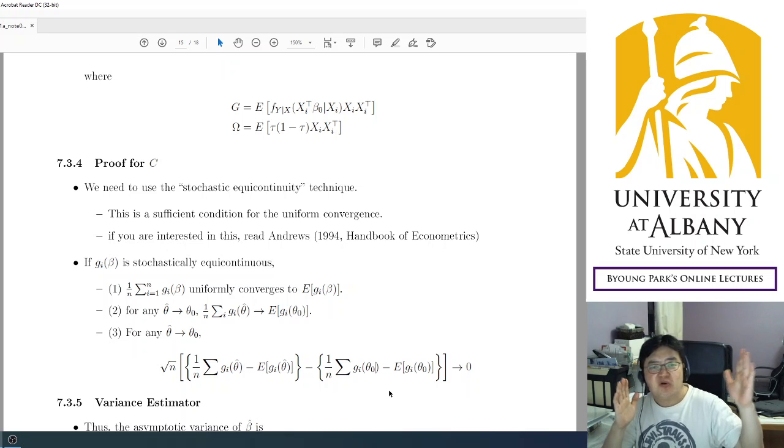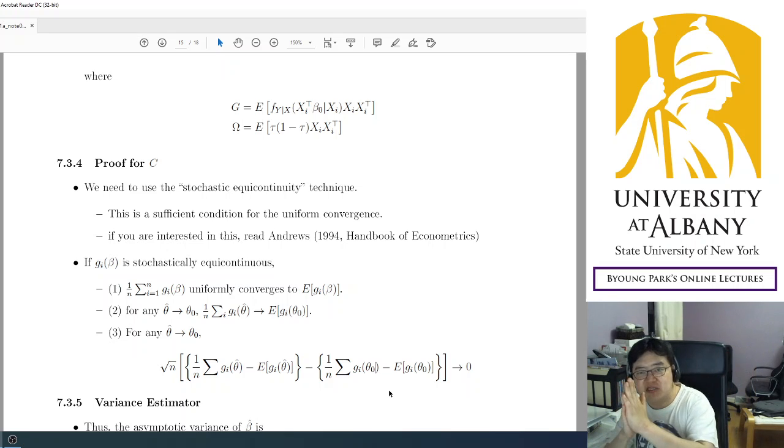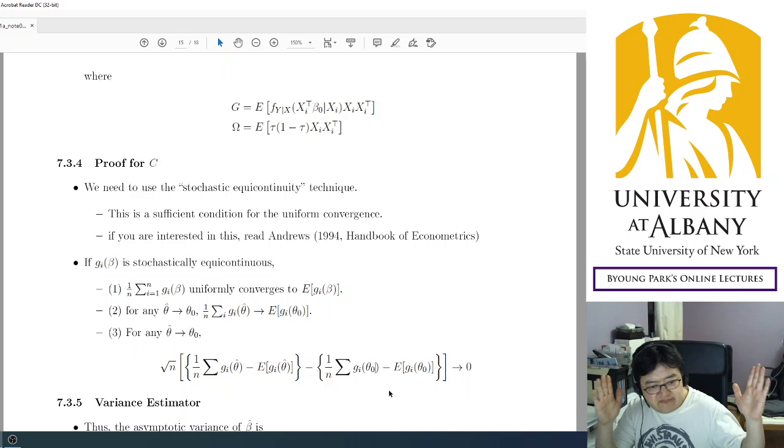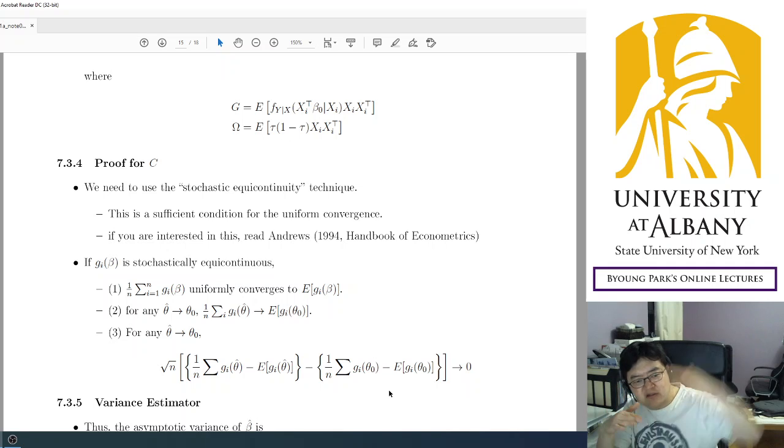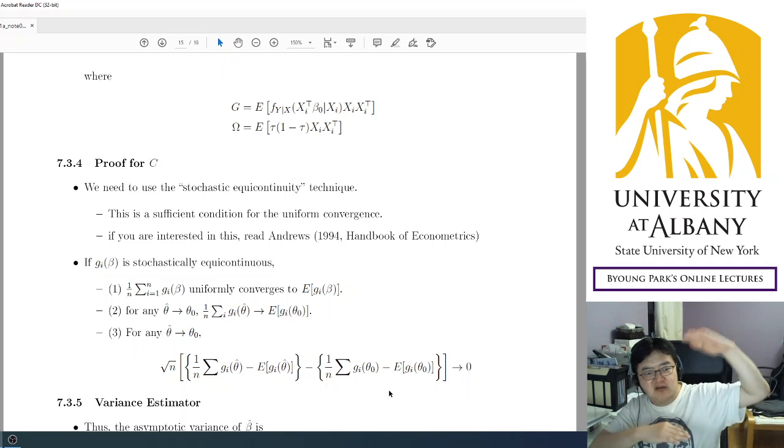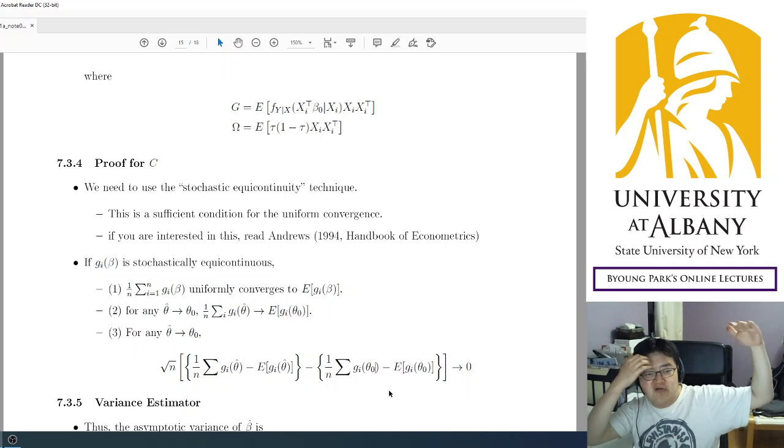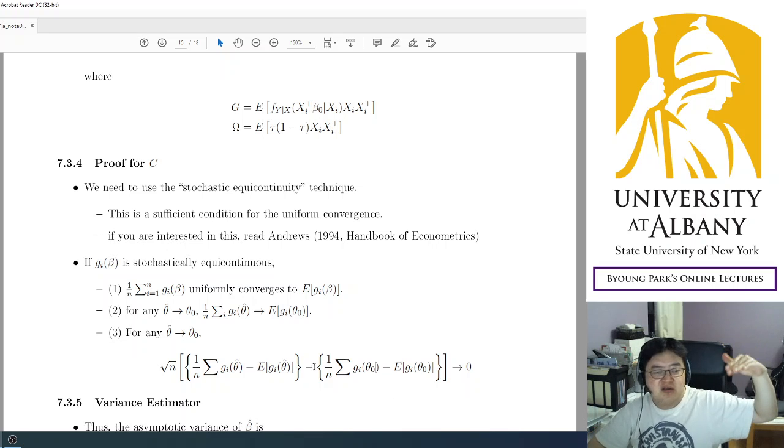And we know theta hat converges to theta 0 by the consistency assumption. But at the same time, we are looking at the convergence error, how quickly the sample mean converges to the population mean.